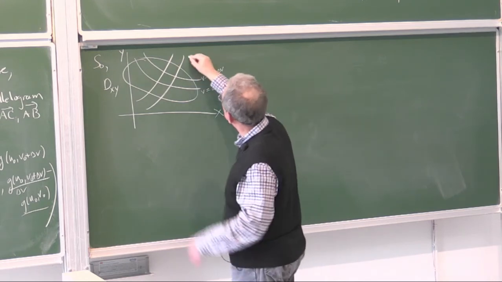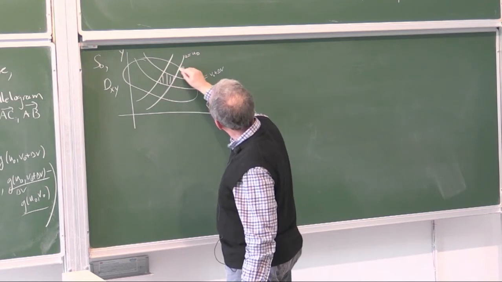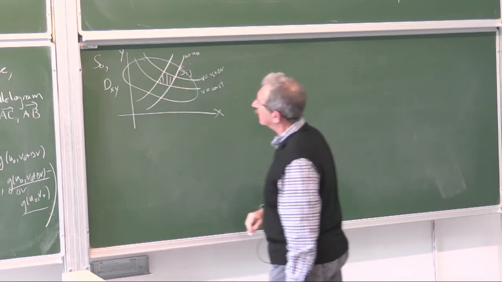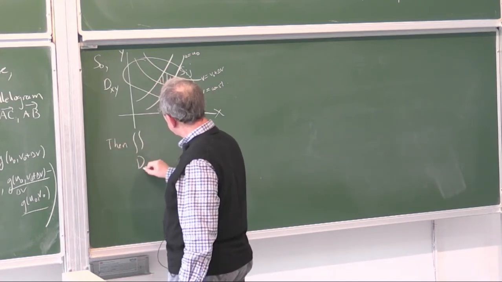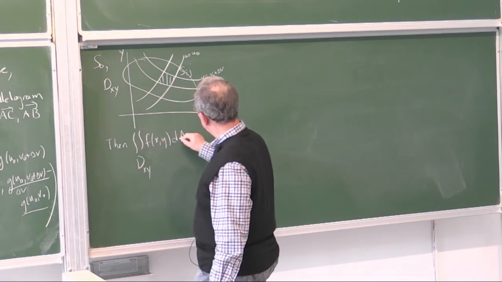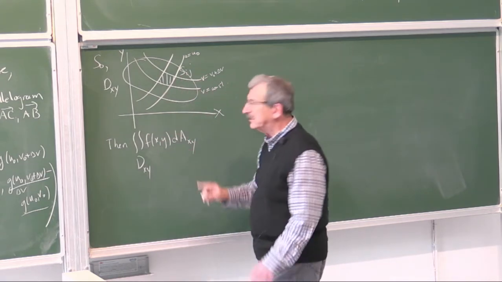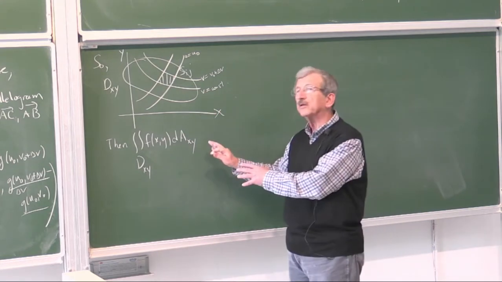I will not write all of them. This is u0, and so on. So if I call this Sij, then the integral over D xy of f(x,y) dA, I'm writing these indices just to indicate that we are in the xy system. This is a standard double integral.